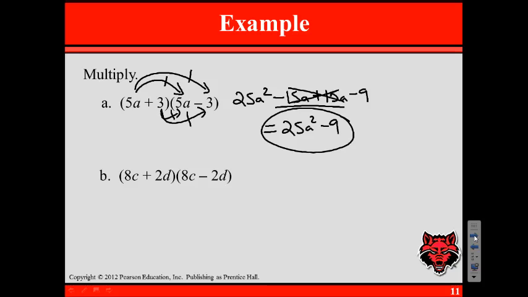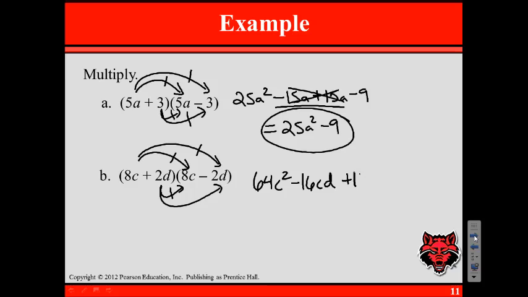Similarly, on part B, 8C plus 2D times 8C minus 2D. We draw our FOIL arrows first, outer, inner, and last. The first product, 8C times 8C, gives 64C squared. The outer product, 8C times negative 2D, gives negative 16CD. The inner product, 2D times 8C, gives a positive 16CD, and I'm going to write my variables in alphabetical order.